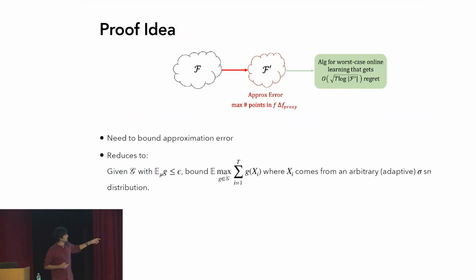This is supposed to capture the approximation error. This seems like a standard thing to deal with, but the issue is that x1 to xT are not independent, because they come from an adaptive sequence of adversarial points. So dealing with this is a challenge.